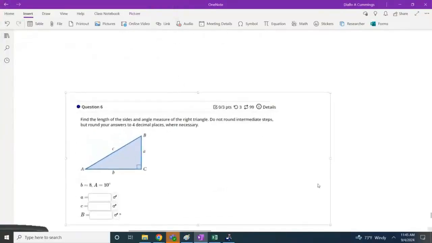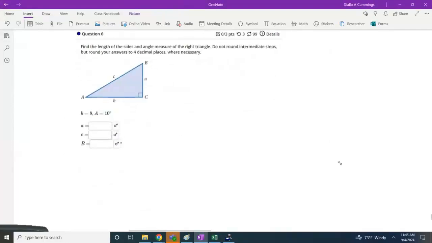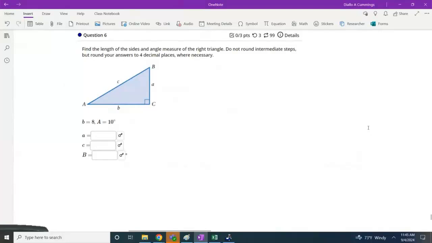All right, so it says find the lengths of sides and angle measures of the right triangle. It says do not round intermediate steps, but round your answer to 4 decimal places.